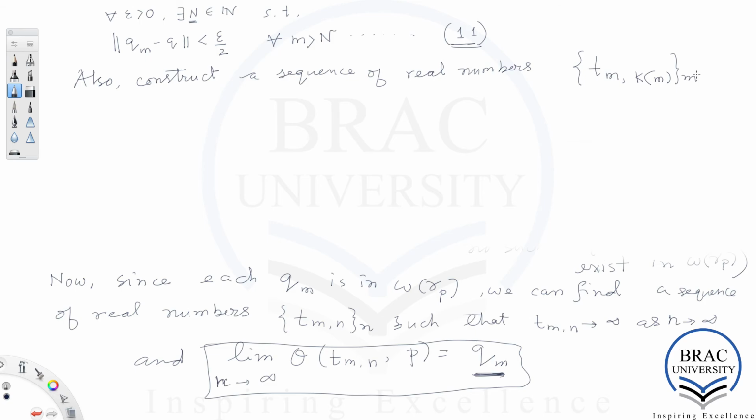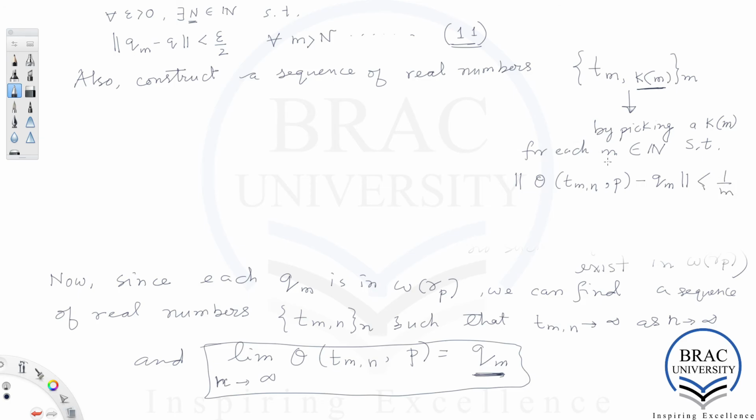This is something that we are going to construct by picking a big enough k of m, by picking a k of m for each m in the set of natural numbers, such that the norm of theta(t_m, n, p) minus q_m is less than 1 over m.